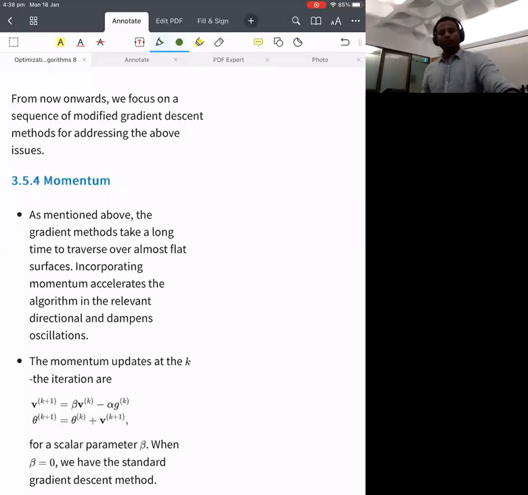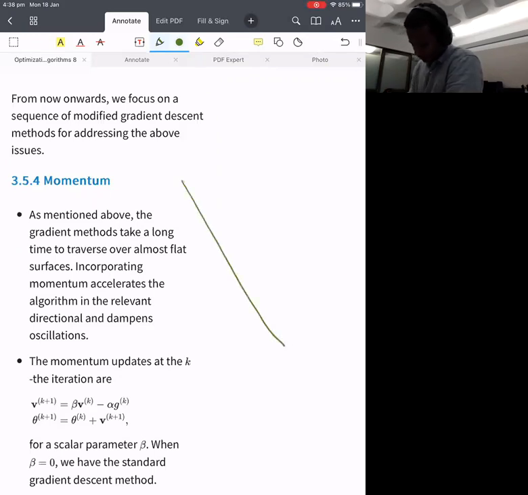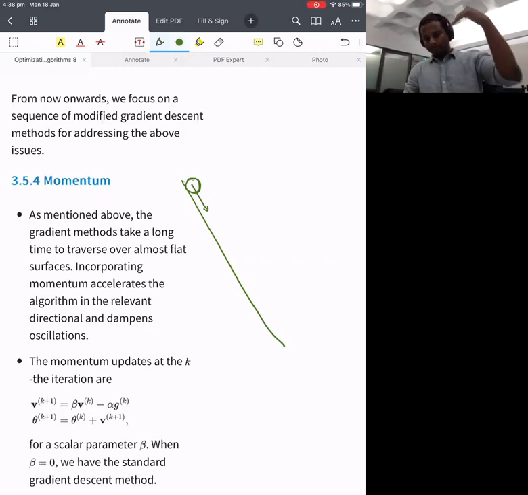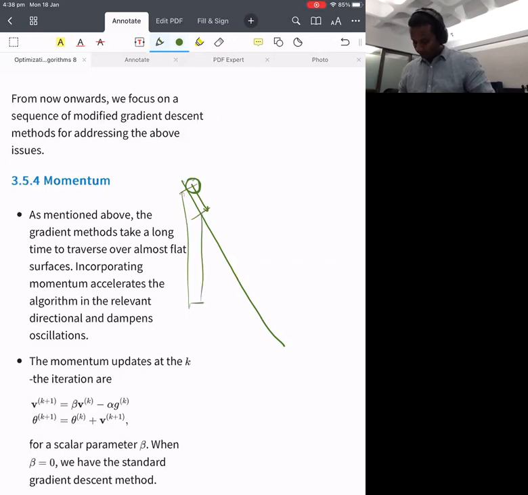Let's look at this. Suppose you have a slope, and think of this as a ball. If you leave this ball, because of gravity, the velocity changes. The displacement is not the same at each time. Here the displacement may be smaller in the first second, but in the next second it might move much more.